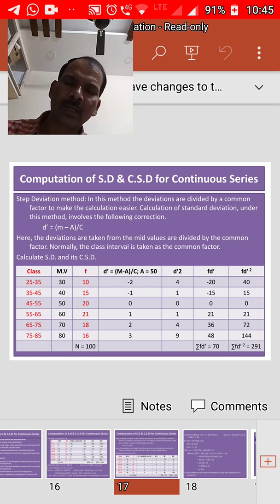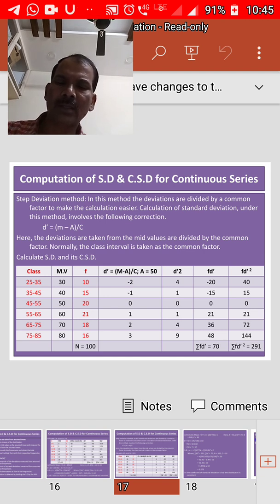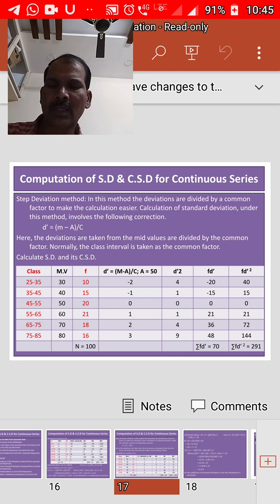Okay, these multiplied with frequency you will get, that is (m minus a) by c, mid value minus assumed mean by common factor. A is equal to 50, the assumed mean is 50, and the common factor we have taken is 10.